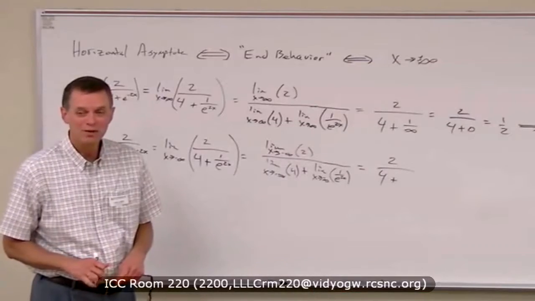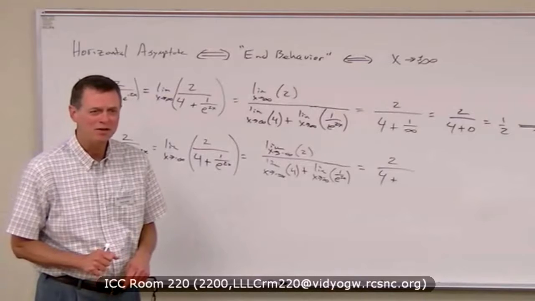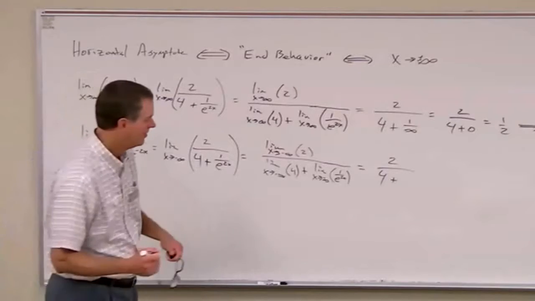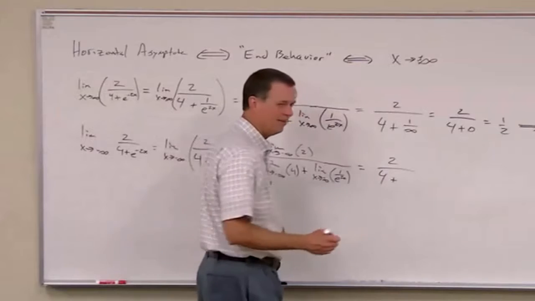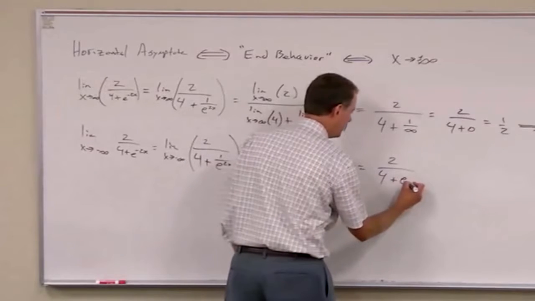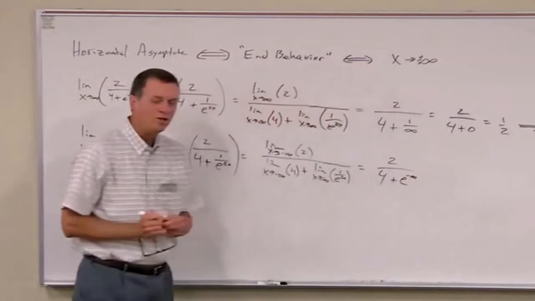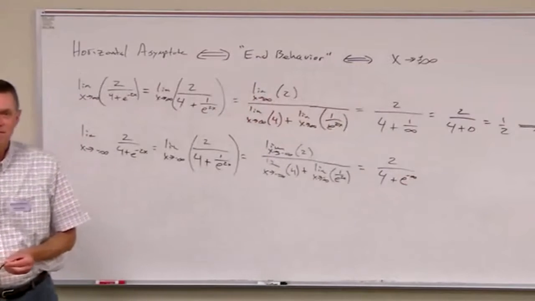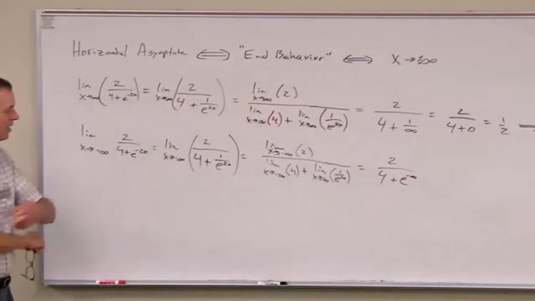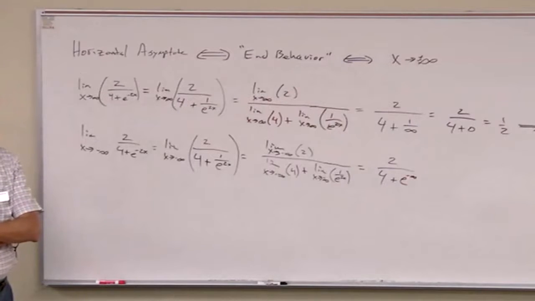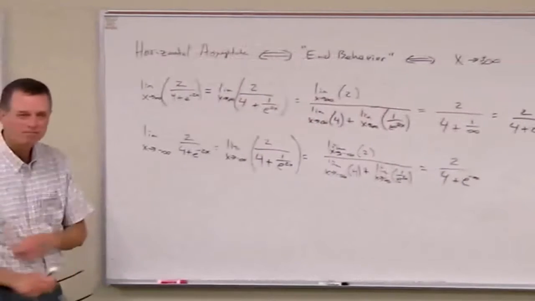Negative 2 times infinity, so it's getting close to e to the negative 2 infinities. I'll write e to the negative infinity. We'll agree that 2 times infinity is infinity still. So I got a negative infinity as the power of e. What does that mean?